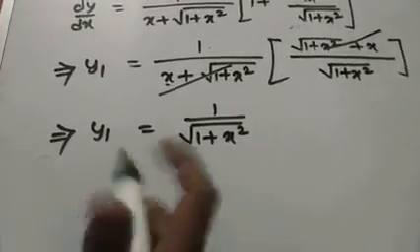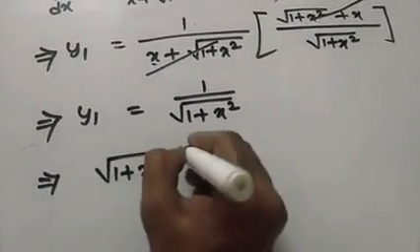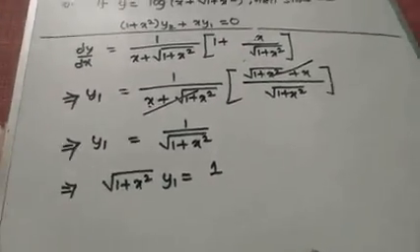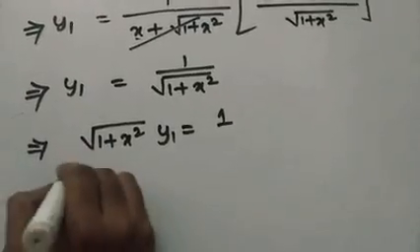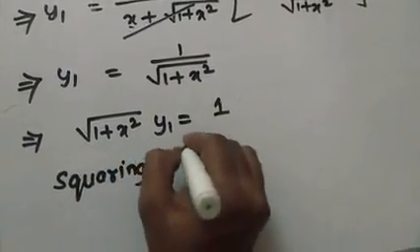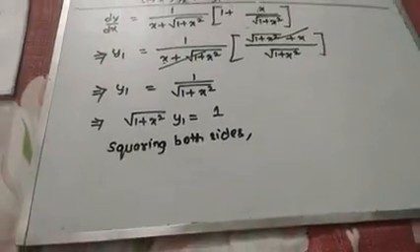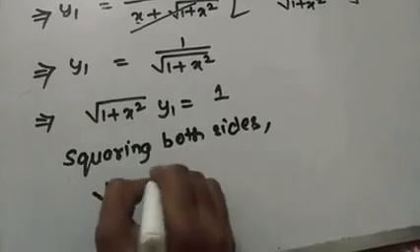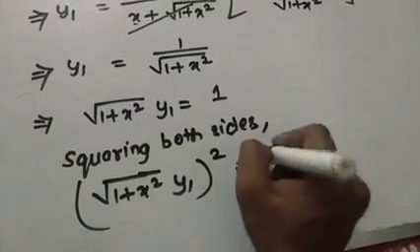Now just do the cross multiplication. That is 1 plus root over x square into y1 equals to 1. Squaring both sides, if we square both sides, that is 1 plus root over x square into y1 whole square equals to 1 square.